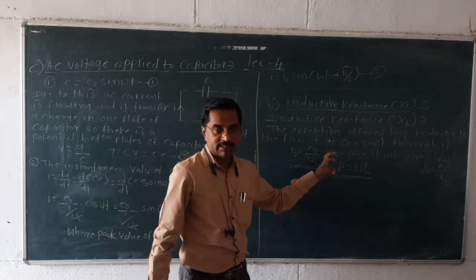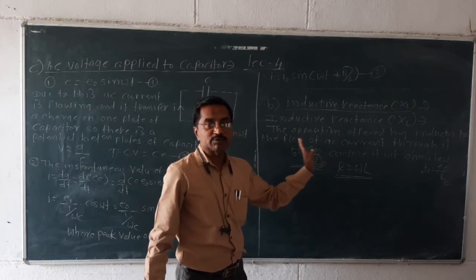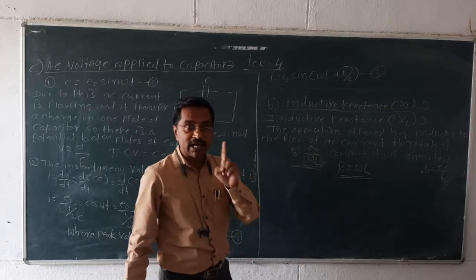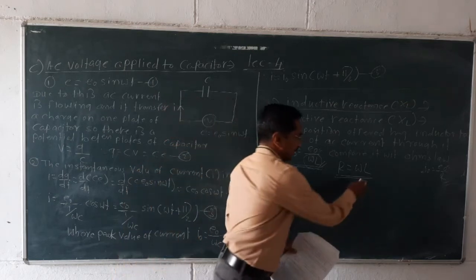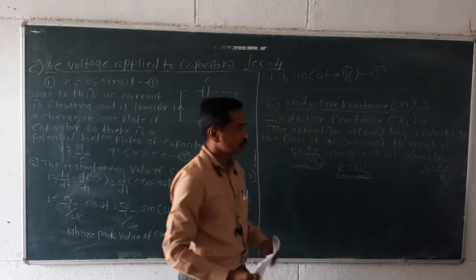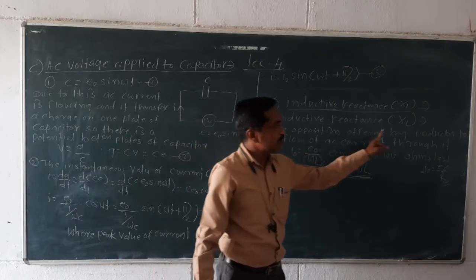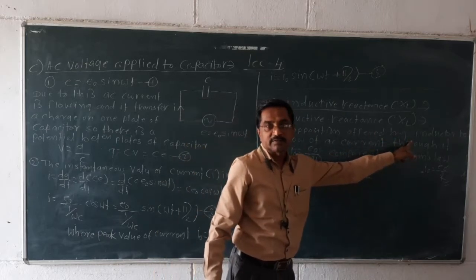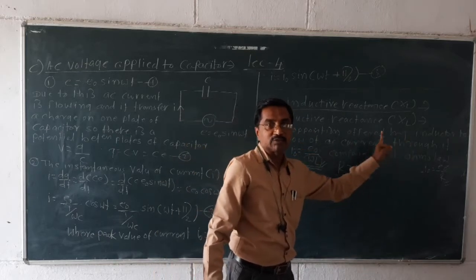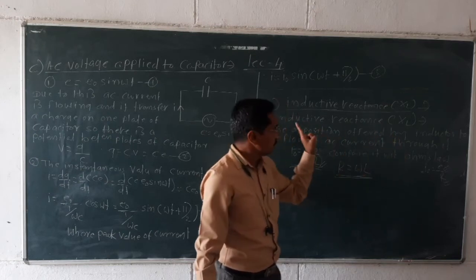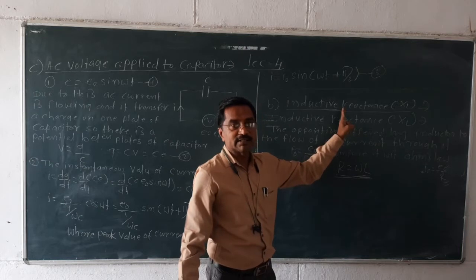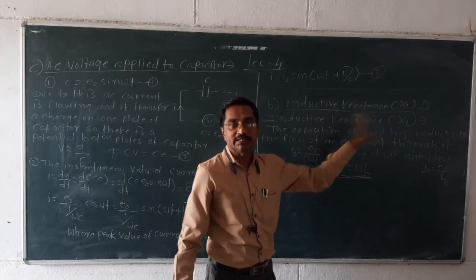It means when the AC current is flowing through the inductor, that inductor also opposes that AC current by this amount. So the opposition offered by the inductor to the flow of alternating current through it is called the inductive reactance of that inductor.